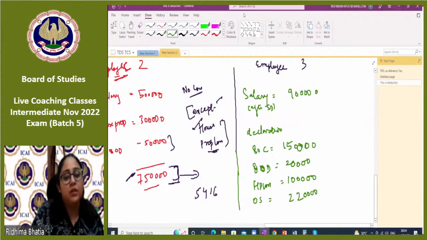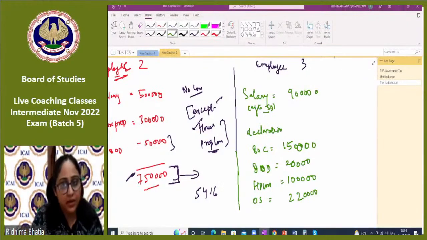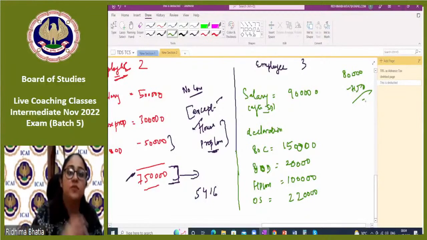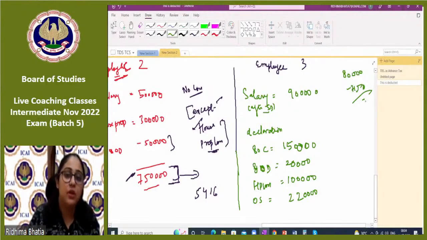So every month, suppose I am an employer. If suppose every month I have to pay 80,000 salary, then I will deduct 7150 and I will pay you the net amount. Even if the 7150 is on the entire computation, this is how the salary payment works.